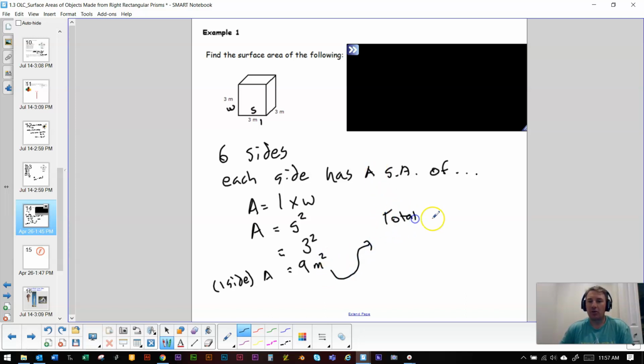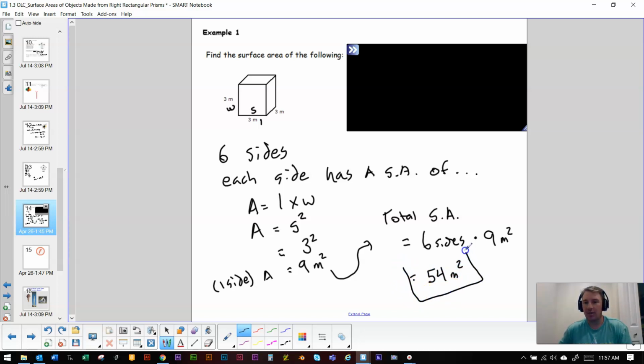Total surface area equals 6 sides: front, back, top, bottom, left, right, times, and each one of those sides is 9 meters squared. 9 times 6 is 54 meters squared. So that is the total surface area, SA, of this cube.